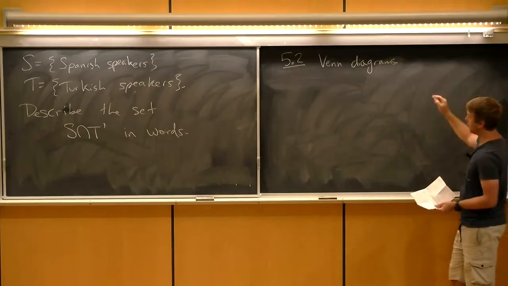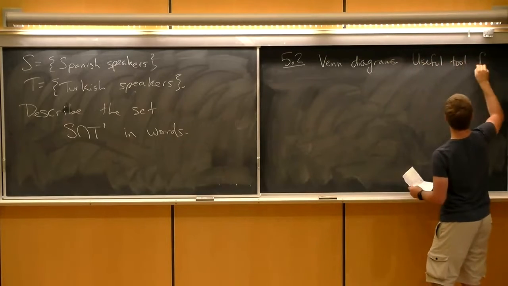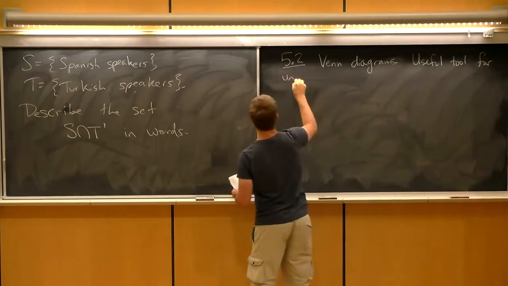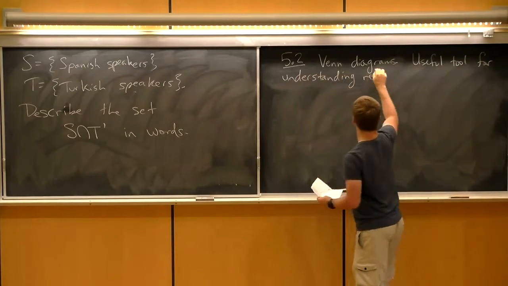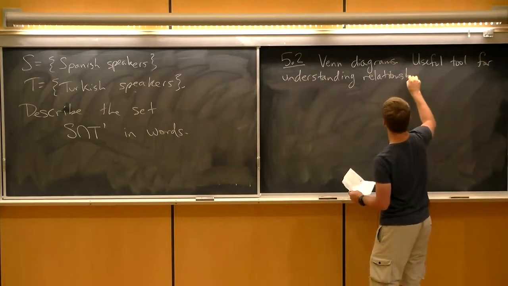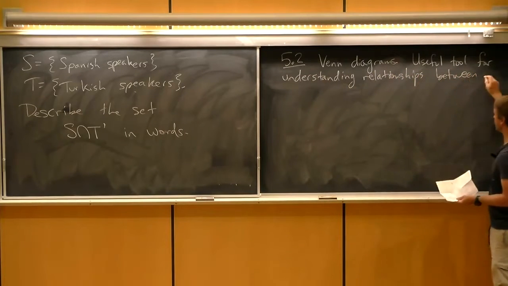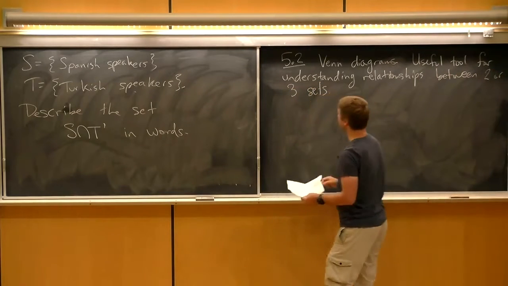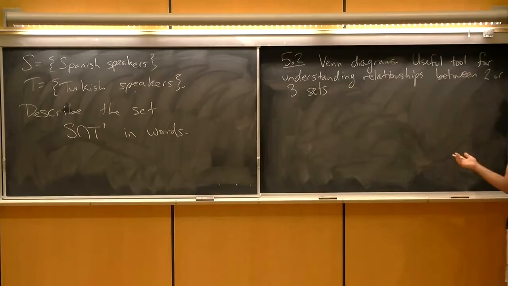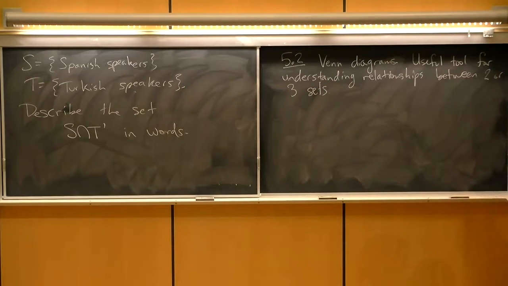These are a useful tool for understanding relationships between, let's say, 2 or 3 sets. If you go beyond 2 or 3 sets, there's not really a good way to draw a Venn diagram, but for 2 or 3 sets, it works well.